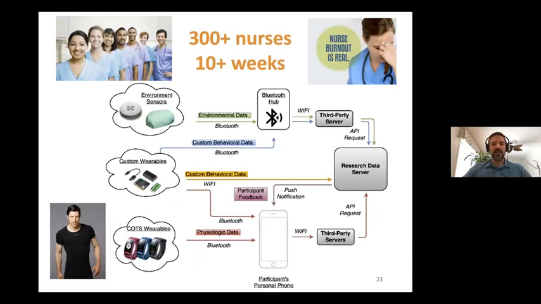So this leads us to some of the projects that we've done. One of the recent ones that we were involved in was a project funded by IARPA, the American Intelligence Agencies Consortium. This was in partnership with the University of Southern California in Los Angeles. The goal there was to monitor over 300 nurses for a period of 10 weeks in order to track or detect nurse burnout.